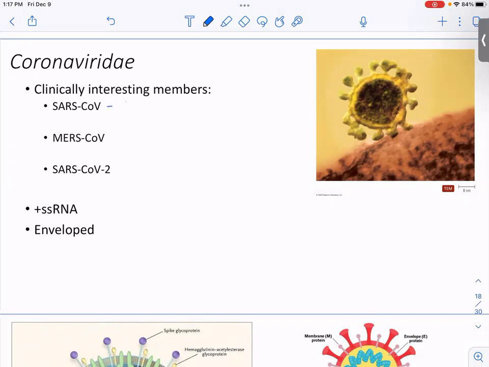SARS-CoV, that stands for severe acute respiratory syndrome. We'll talk a bit more about that. And MERS, that stands for Middle East respiratory syndrome. Okay, so we'll mention those briefly.